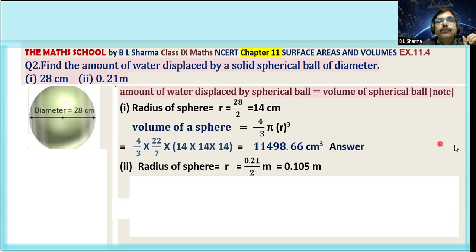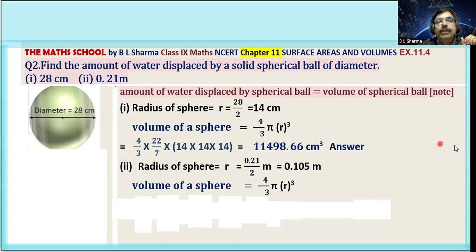Again, the volume of water displaced by a spherical ball of diameter 0.21 meter, that is the volume of a spherical ball. So use the same formula, that is 4 upon 3 pi r cube, 4 upon 3 as it is. In place of pi, put 22 by 7. In place of radius, put 0.21 by 2 or 0.105.